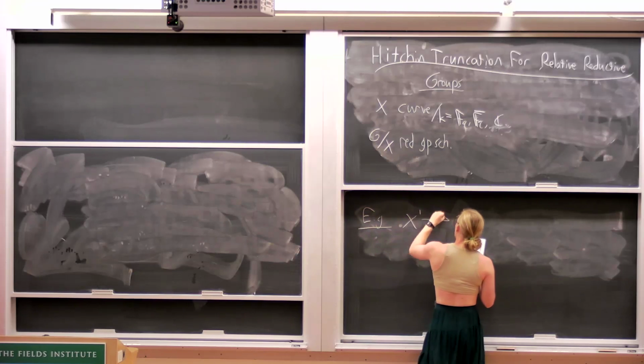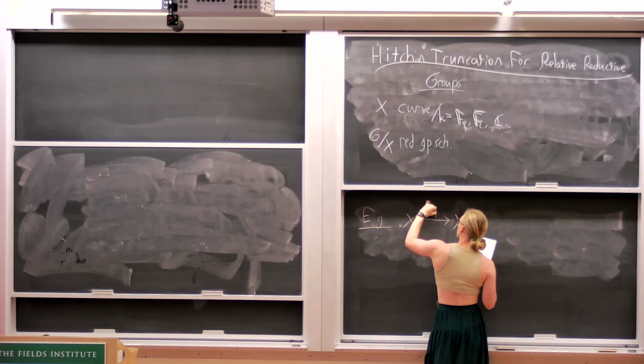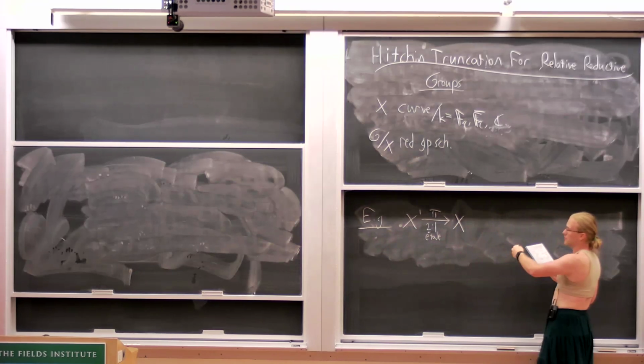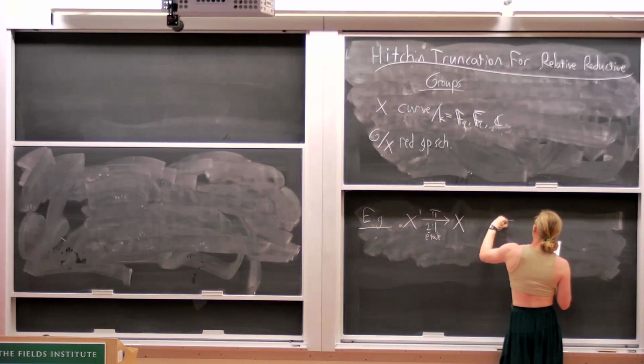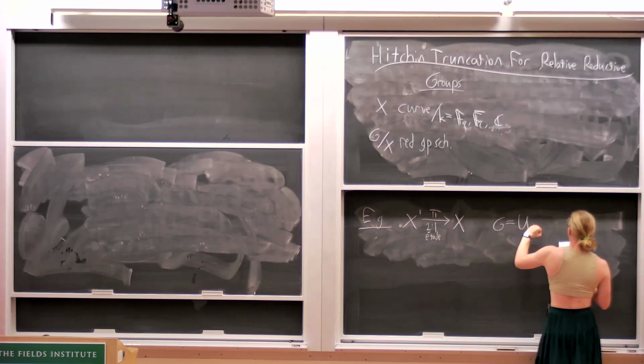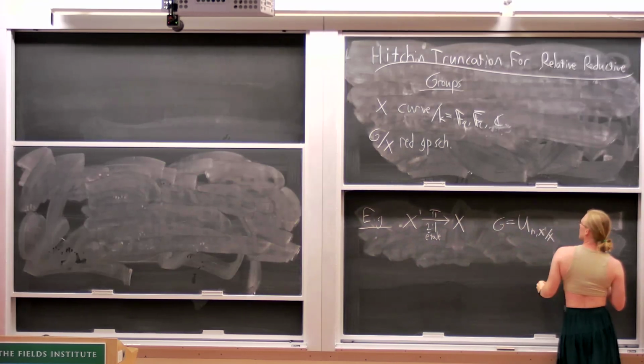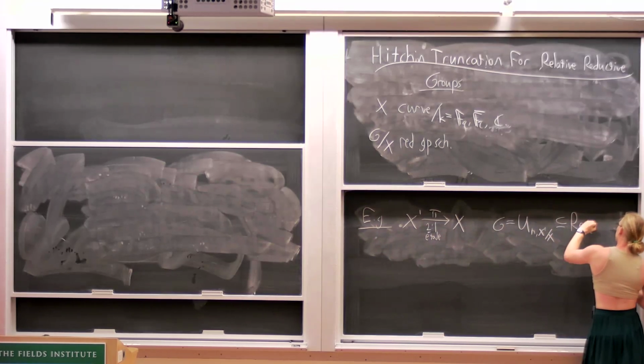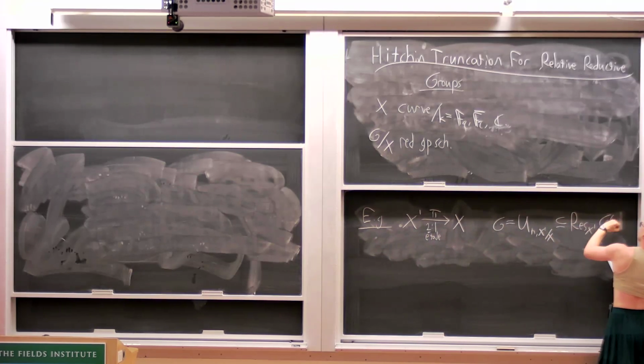If I had, say, a double cover X' of my curve, then I could consider the unitary group associated to this double cover. There's several, but I'll say the quasi-split one, which is contained in the Weil restriction of GL_N over X'.